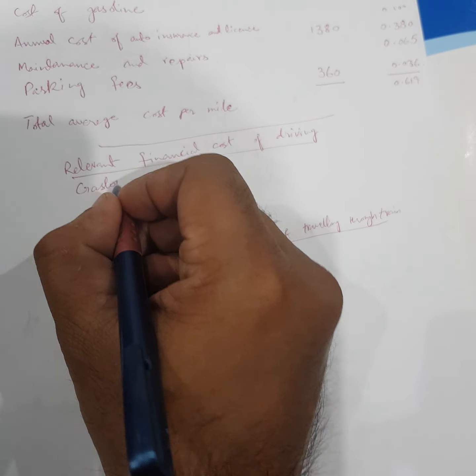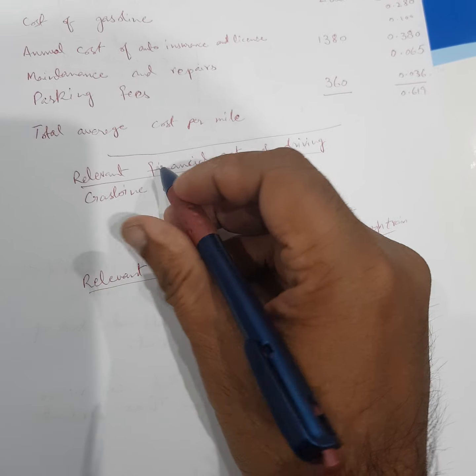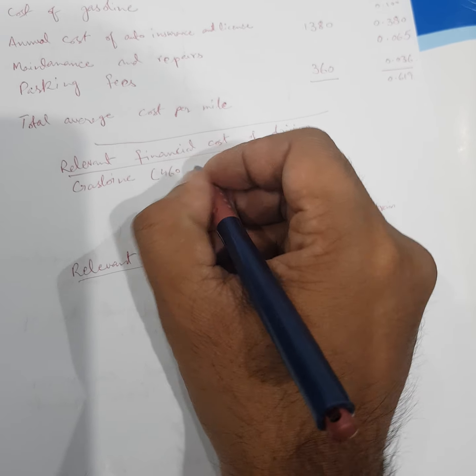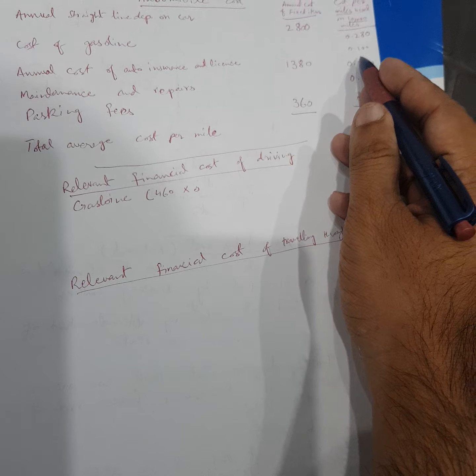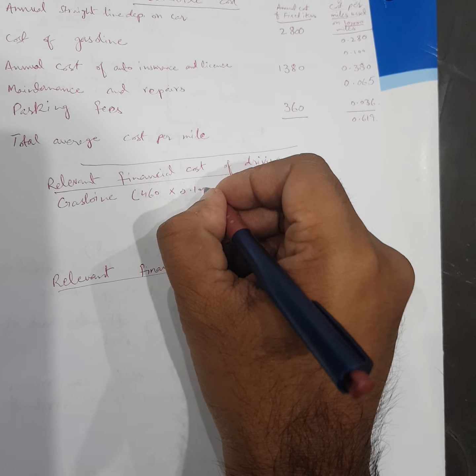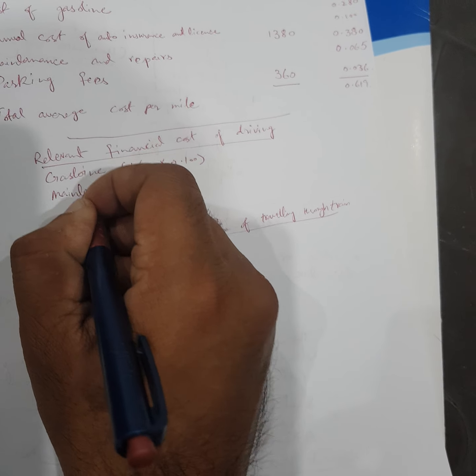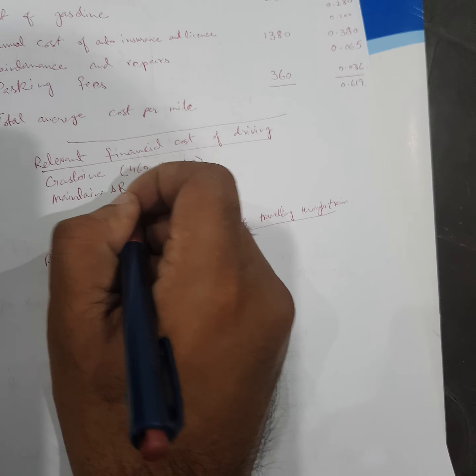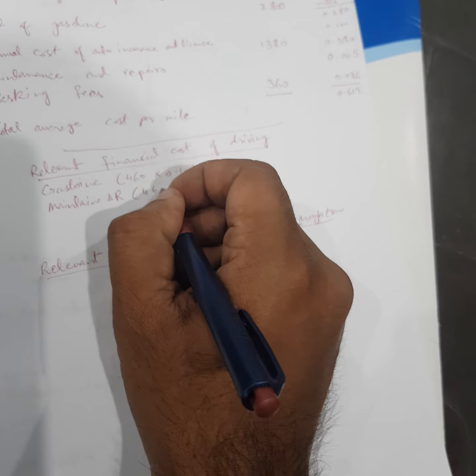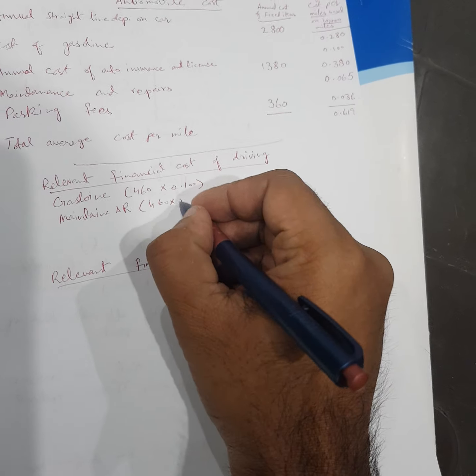Gasoline: he is traveling 460 miles, our gasoline rate was 0.100. The maintenance and repair cost will be 460 multiplied by 0.065.